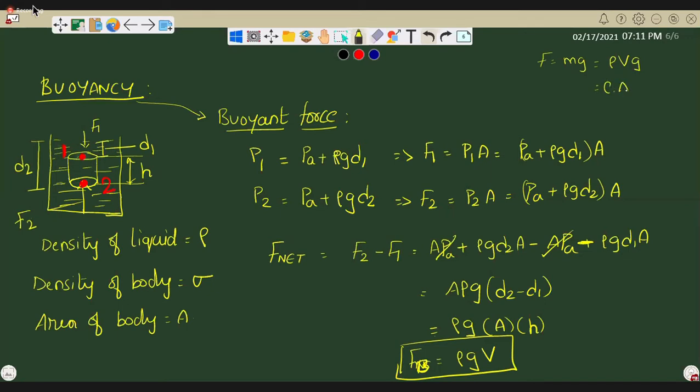So rho area into H into g is your F. Take your A here. F by A is pressure. Even if you suddenly forget your formula, you can always derive it. Understood?